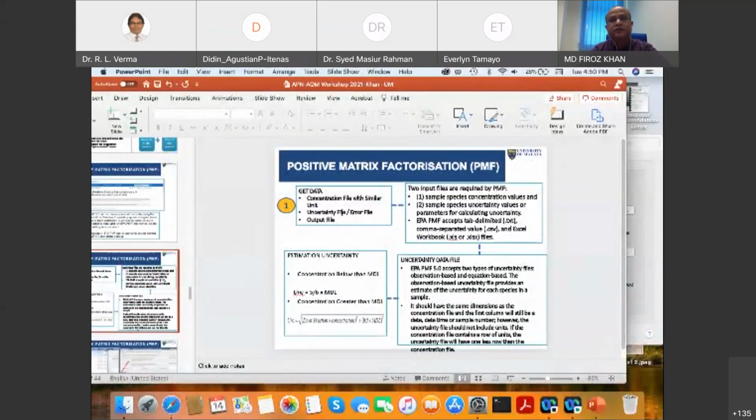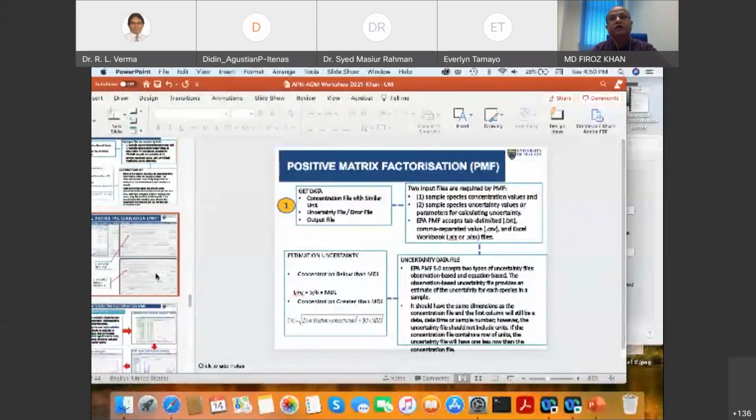The uncertainty data file we need to calculate by ourselves. There are a number of ways we can estimate error from our data, from our concentration data, from our experiment. US EPA also introduces in their PDF file some ways you can calculate uncertainty, but there are also many other ways you can calculate uncertainty. We have also reported some in our papers. You are welcome if you want to know more about how you can calculate uncertainty.